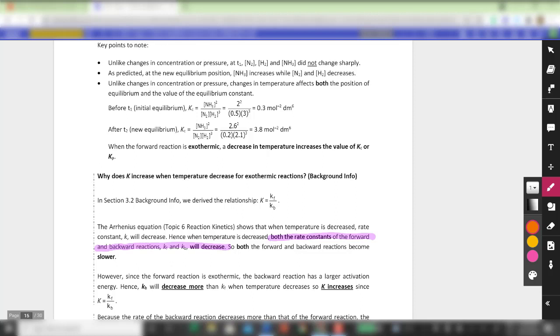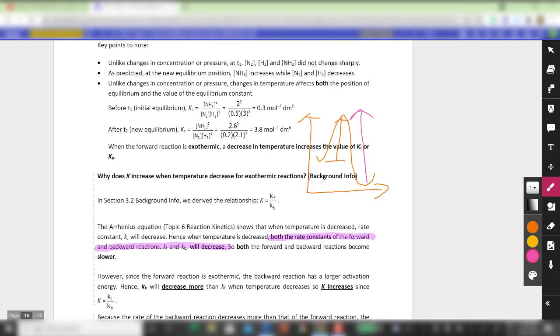However, because the forward reaction is exothermic, as our Haber process is, the backward reaction will have a larger activation barrier. When we look at an exothermic reaction, I'm not going to label the axes, we're going to have something like this. The forward barrier is here, the backward barrier is here. So it will have a larger backward activation barrier.